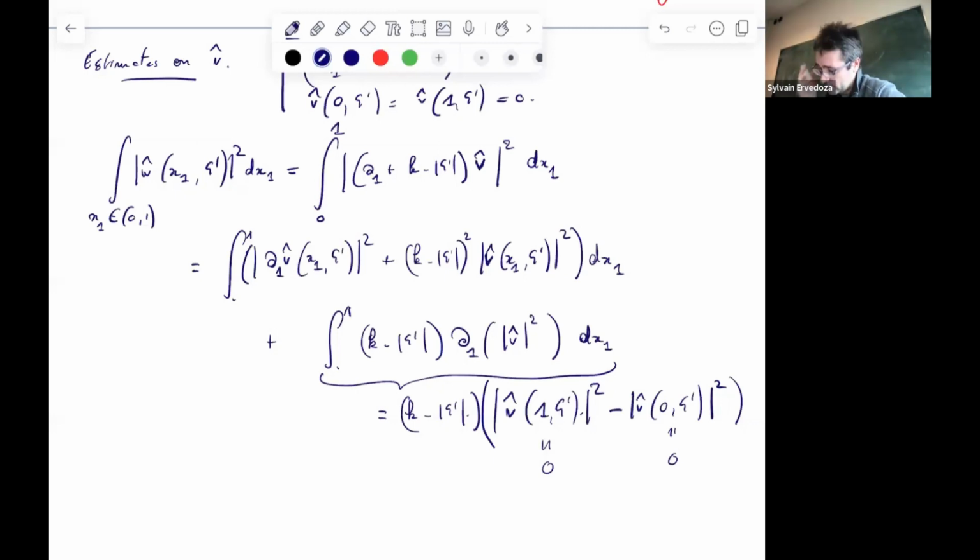In particular, when psi prime is less than k, so k minus psi prime is positive, if you want information on v hat, you should use the information on v hat of 0 psi prime, which is the important one.